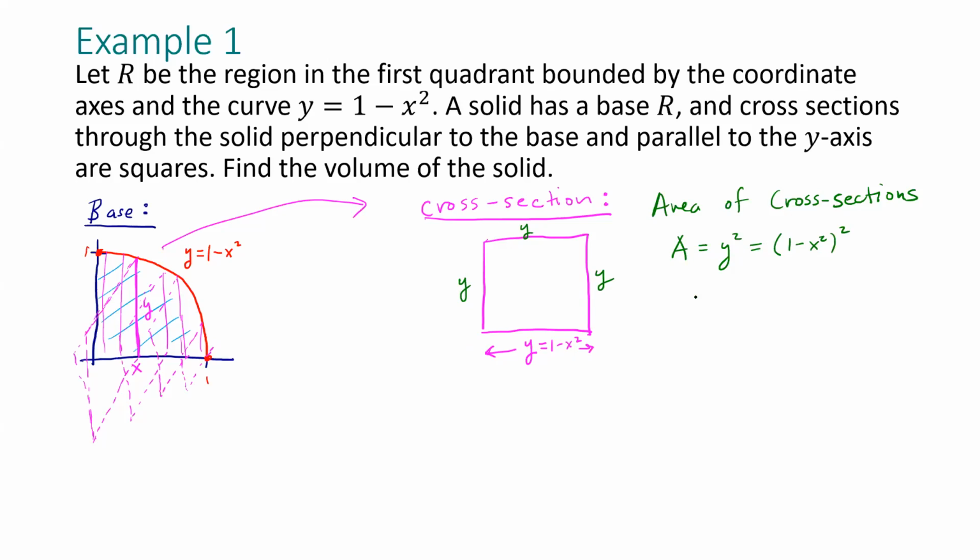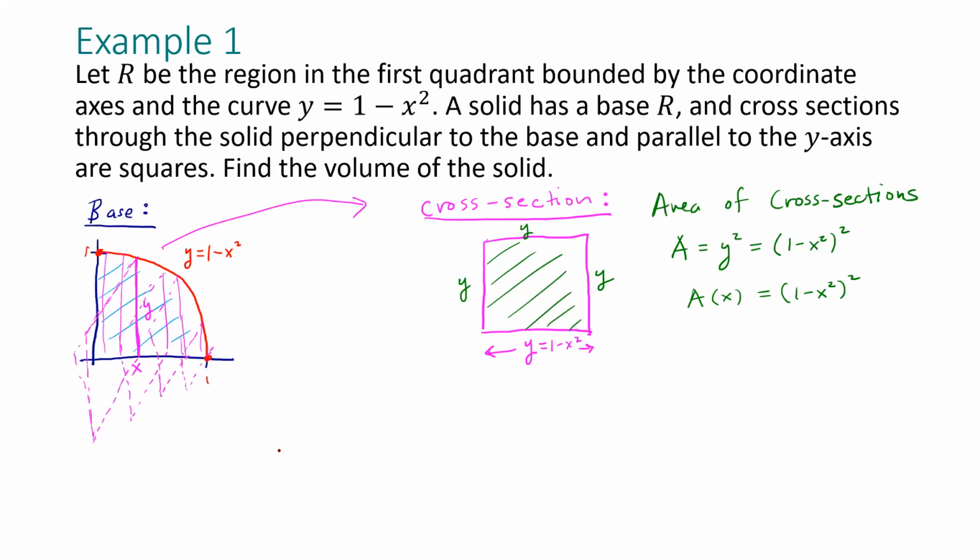So that's our cross-sectional area as a function of x: (1 minus x squared) squared. That gives us the area of our cross-section.